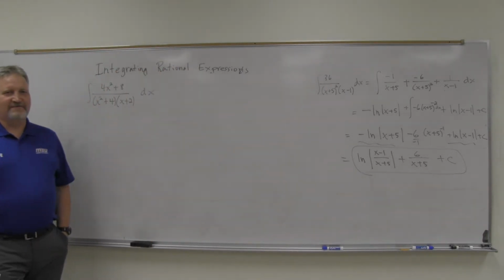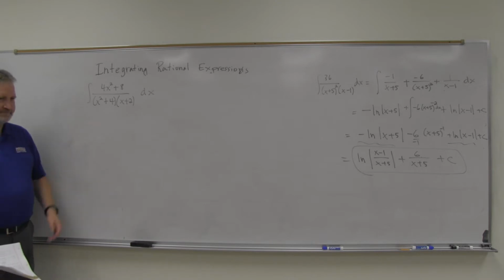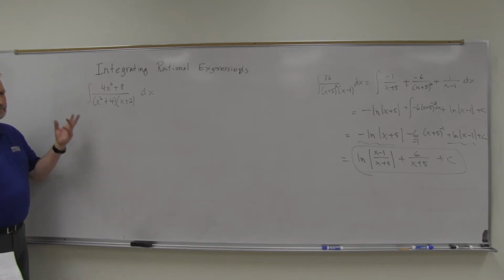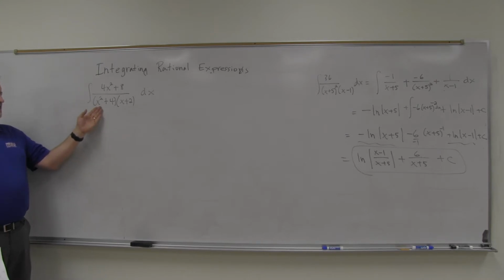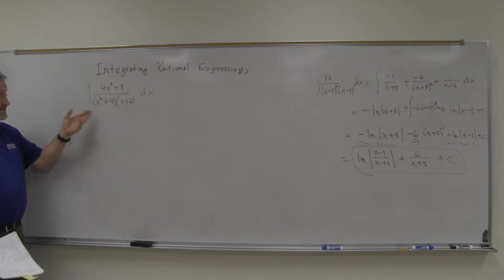All right, what do you notice different about this one? That's not an x plus 4 squared, and it doesn't factor either. If it was x squared minus 4, then I can factor it, and they may throw those at you, but this is x squared plus 4.